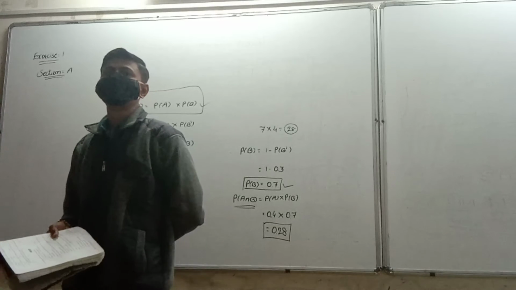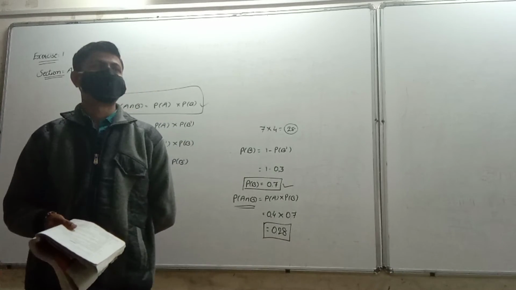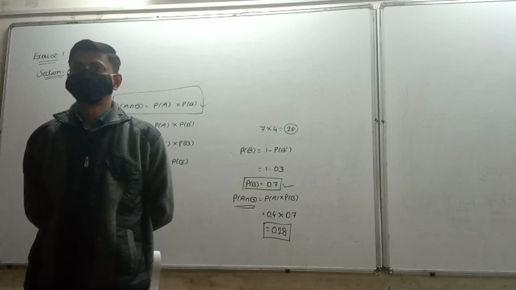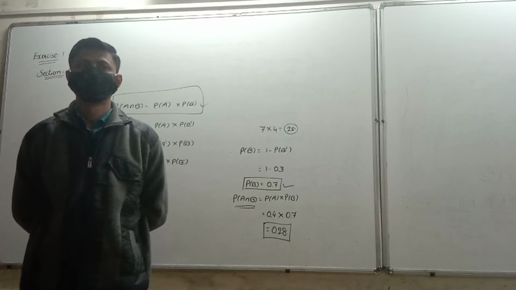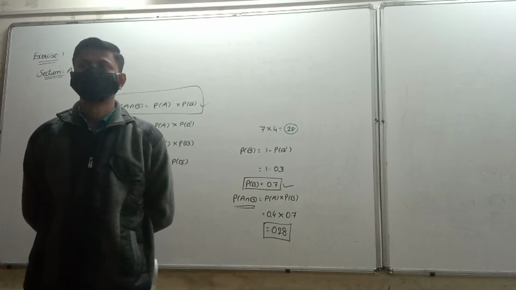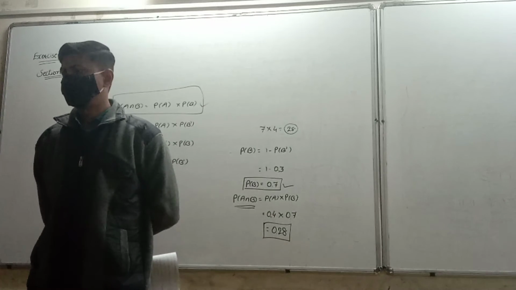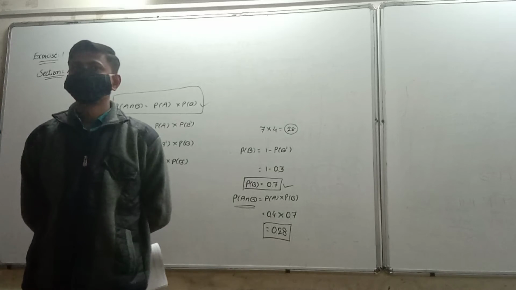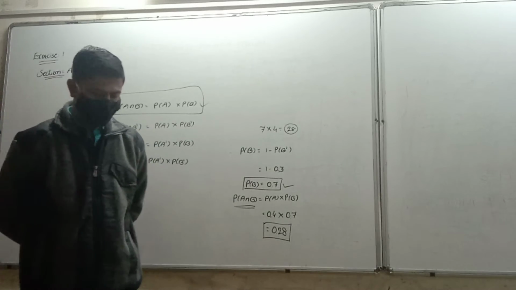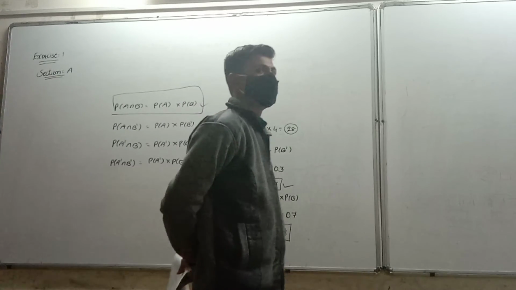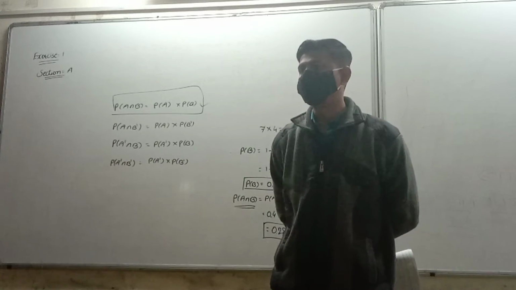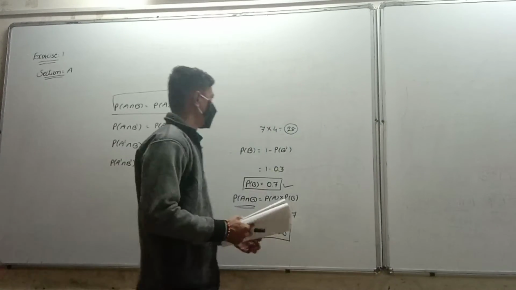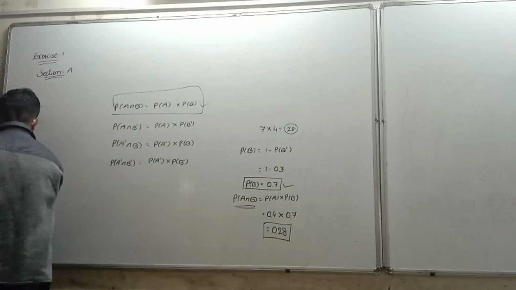It means उसका मतलब क्या होगा? Event A happens, event B does not happen. It means different event दी हुई है. A intersection B dash means. तो देखो अब किस तरह सब आंसर फाइंड करेंगे.